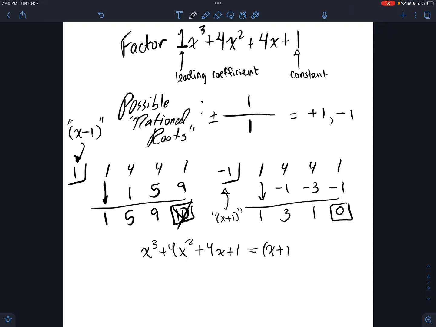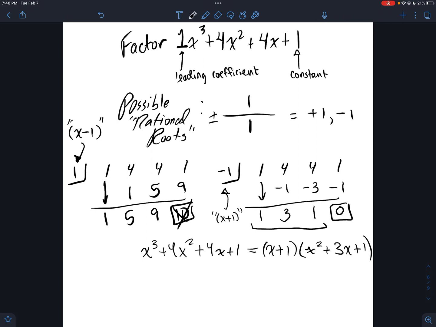Oh, guess not, is equal to that factor that we just used and this: 1x squared plus 3x plus 1. By knowing the possible roots and by testing with synthetic division, we were able to factor the cubic.